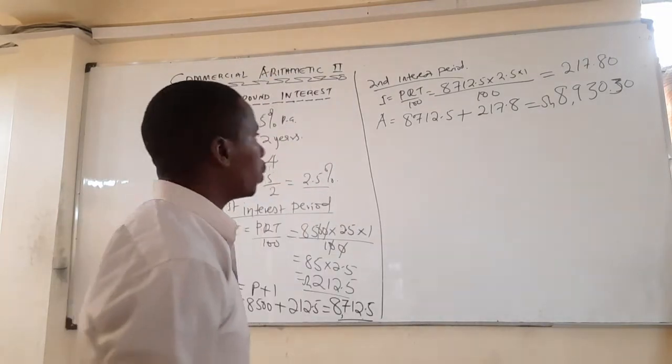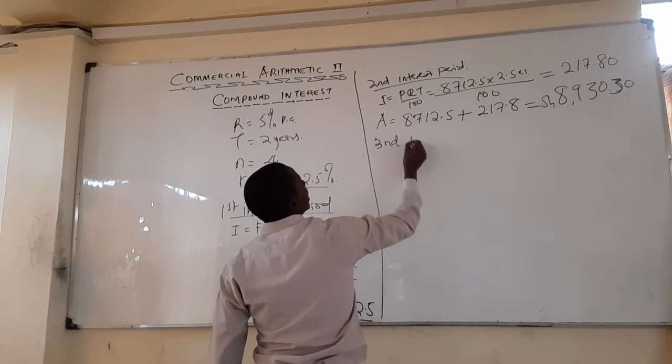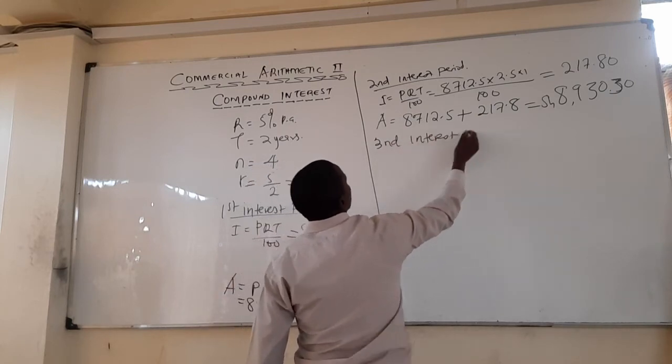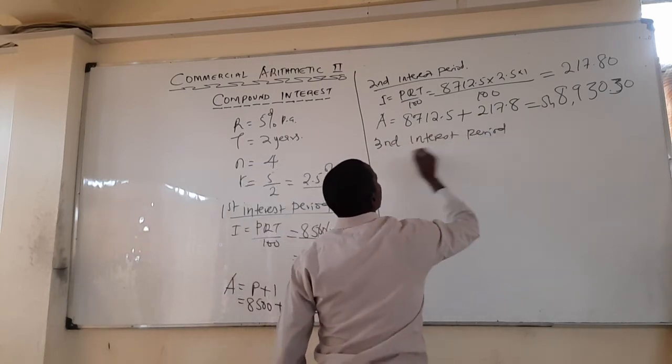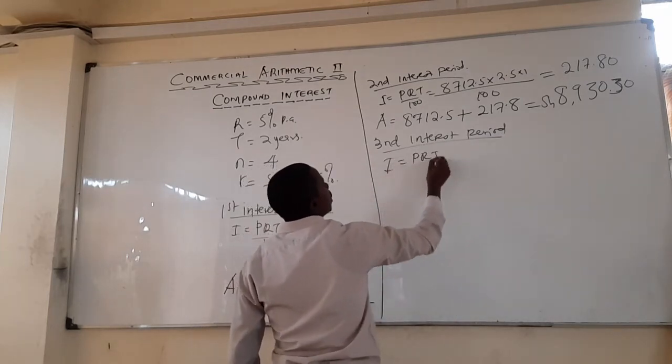Then we move on to the third period, that is the third interest period. Interest is PRT over 100.